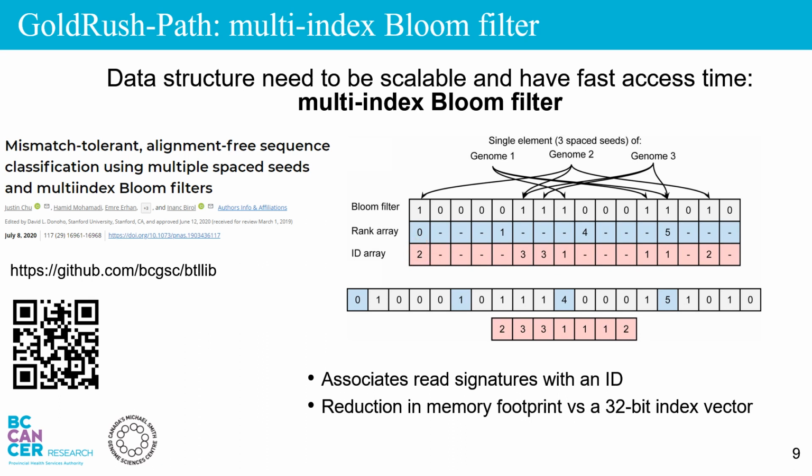This allows GoldRush-Path to associate a read signature with an ID, which is essentially which read the read signature is coming from. The combination of the three data structures allows the multi-index Bloom filter to create a smaller ID array than the size of the Bloom filter. This allows the multi-index Bloom filter to achieve a significant savings in memory while maintaining a fast access time.